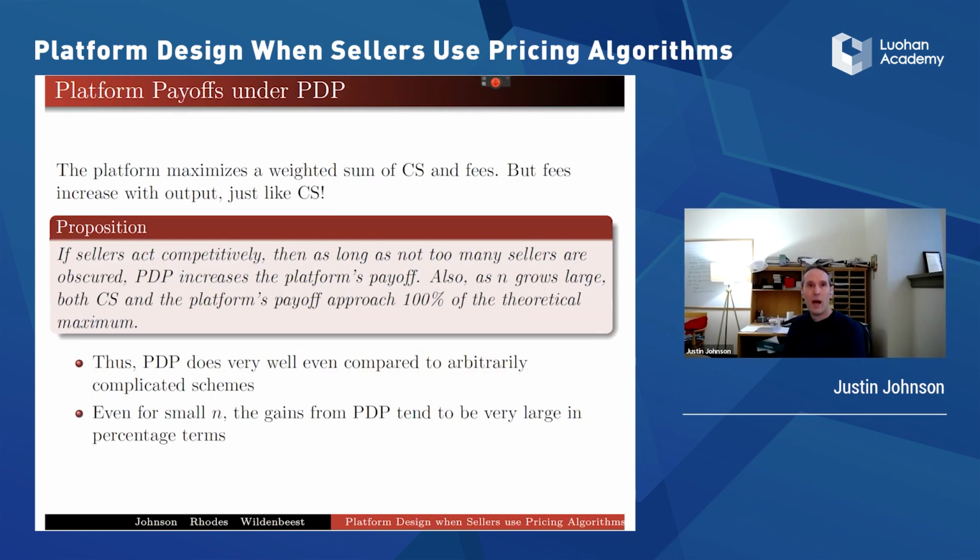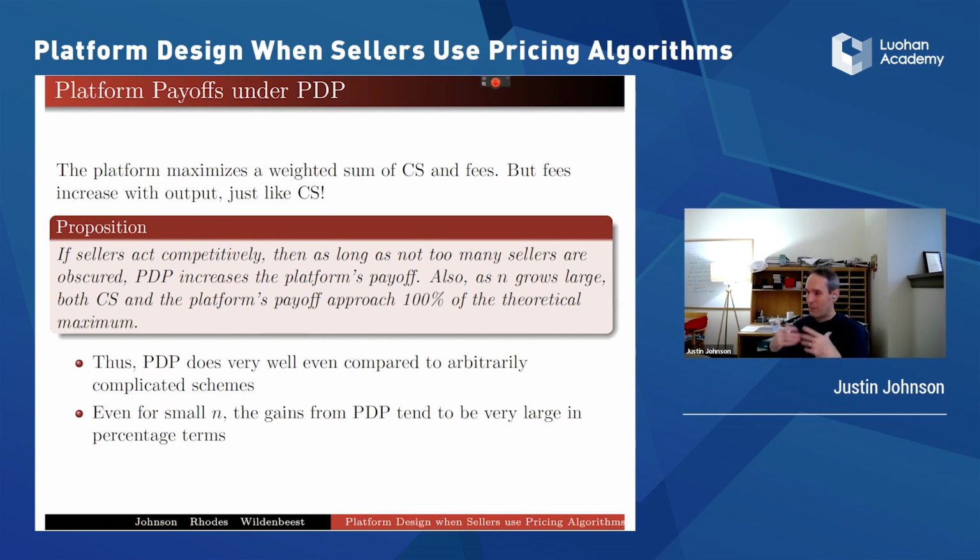But taking that as a given for the talk, again, supposing that the platform maximizes a weighted sum of consumer surplus and fees, remember that the total fees of the platform, because they're per unit fees, are going to increase with output in the same way that consumer surplus increases with output. And so, as long as the sellers act competitively and you don't hide enough sellers, then not only do consumers benefit, but the platform also benefits.